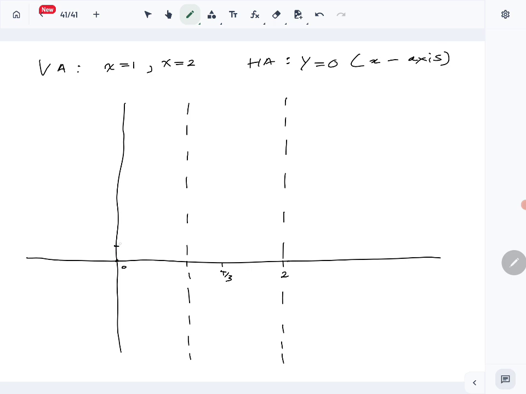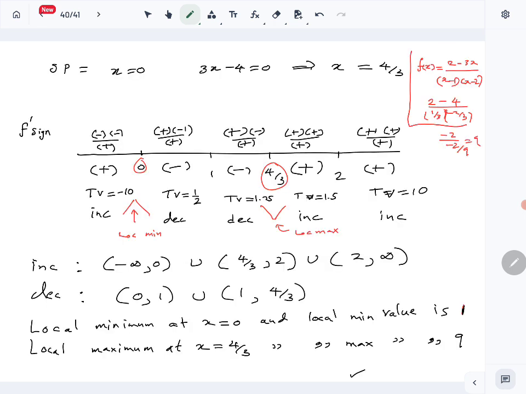So here 1, 2, 3, 4, 5, 6, 7, 8, 9. So here you have what? Local minimum. Then let's mark the local max.